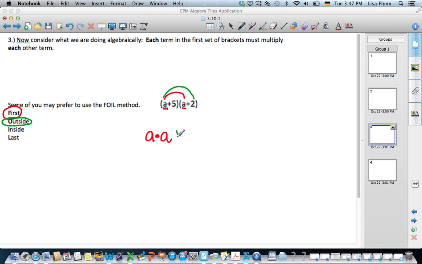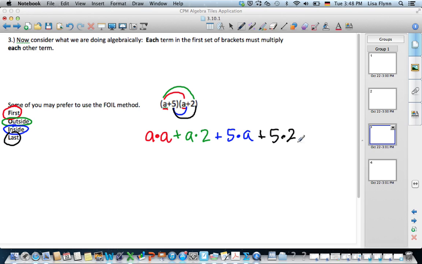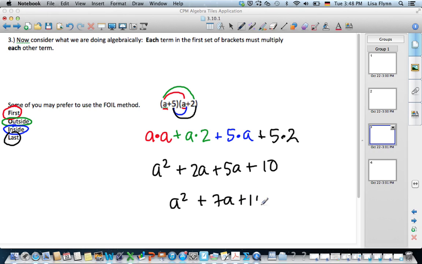All right, so plus A times 2. All right, and then the insides here being I, that's 5 and A, so 5 times A. And finally, the last numbers of both binomials are 5 and 2, so you'll multiply those. All right, and if we simplify this, we have A squared plus 2A plus 5A plus 10. So your simplified expression is A squared plus 7A plus 10. All right, so that's one way you could do it without thinking about the area model.